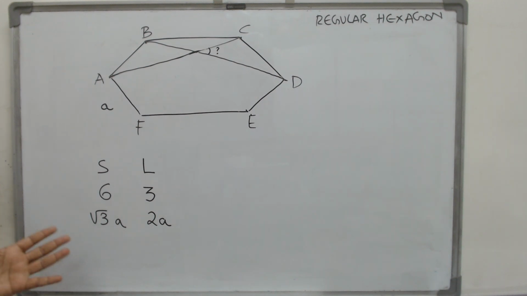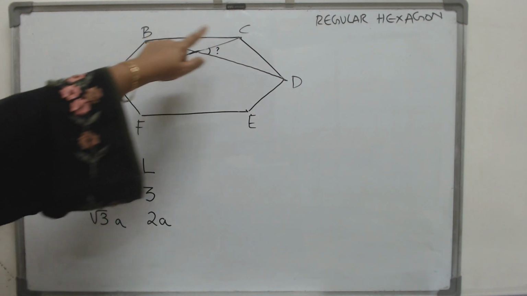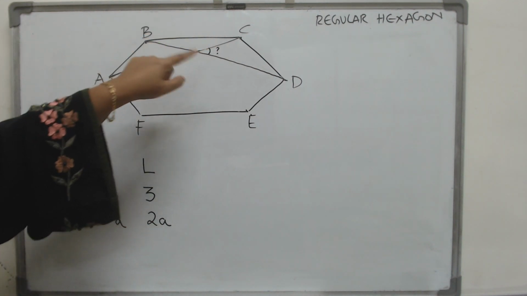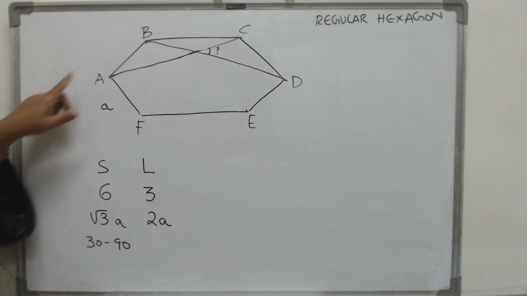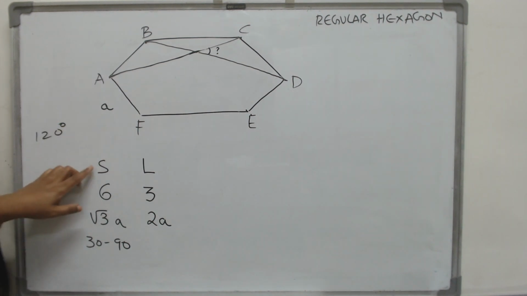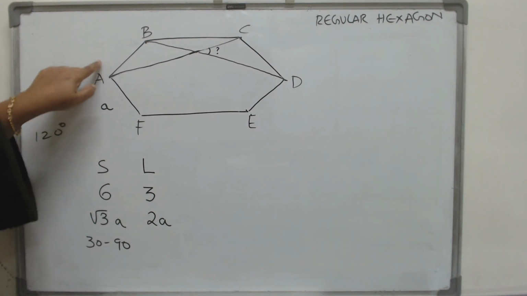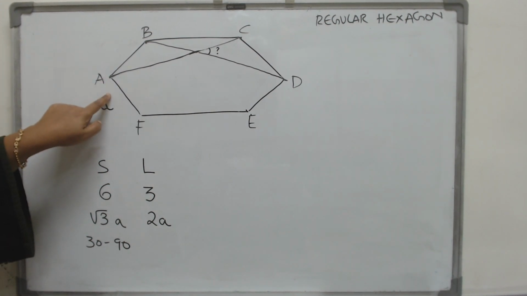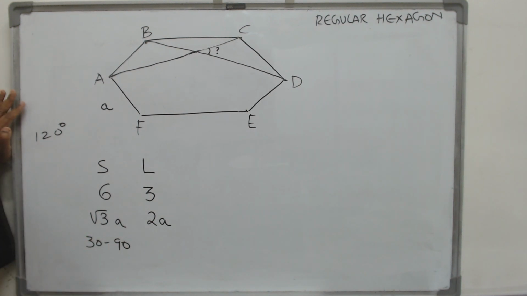Today we are going to see that each of the short diagonals will split the connecting angles into a 30-90 ratio, because each of the angles is 120 degrees, right? So what this short diagonal does is that it splits each of the connecting vertices into a 30-90 ratio. Now in this question we are dealing only with short diagonals.